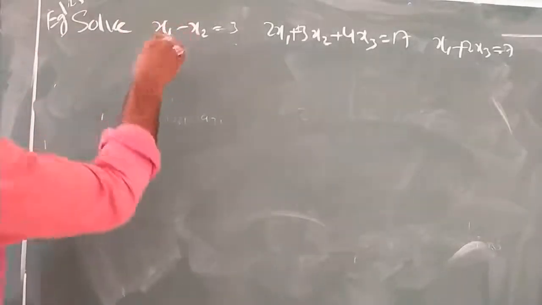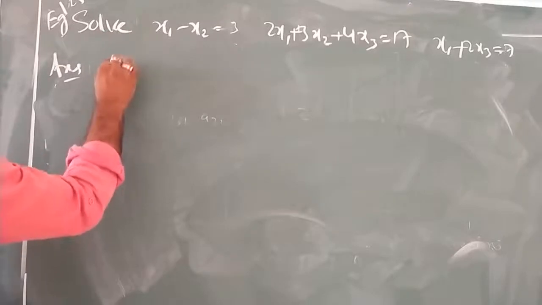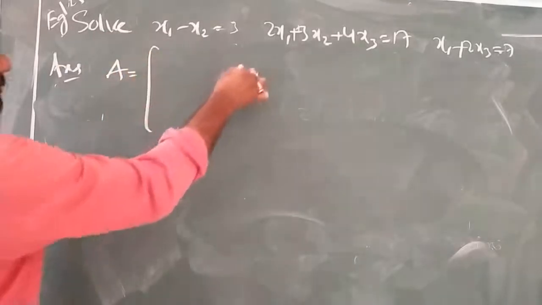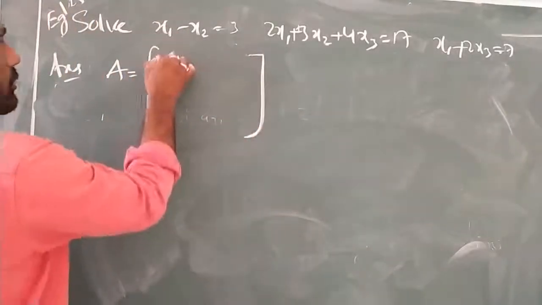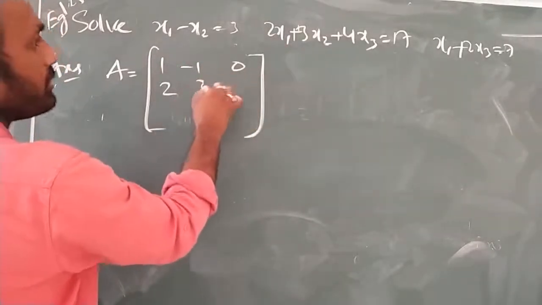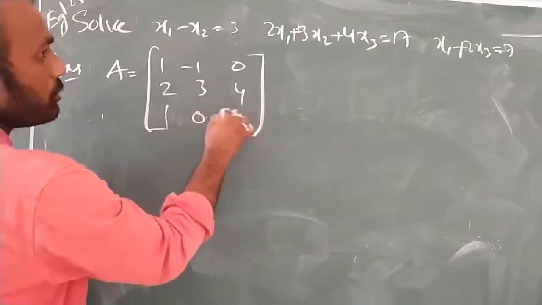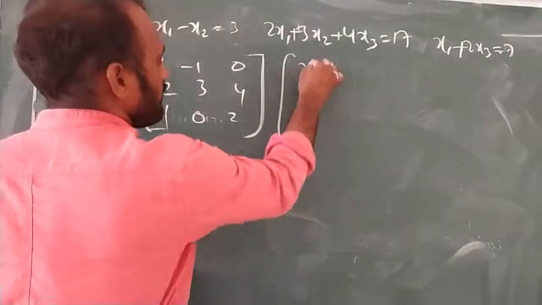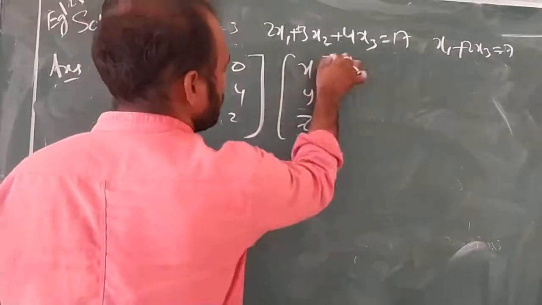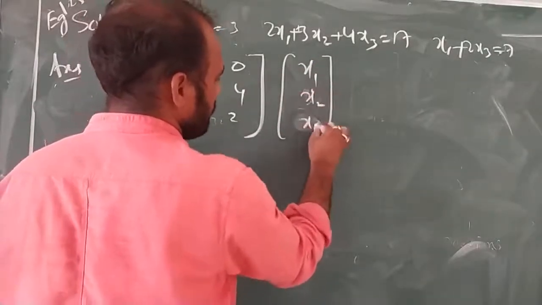First, let us write the coefficient matrix A. Here the coefficients are 1, minus 1, and 0, since x3 is not there. Here 2, 3, 4, and 1, 0, 2. The variable matrix is x1, x2, x3.